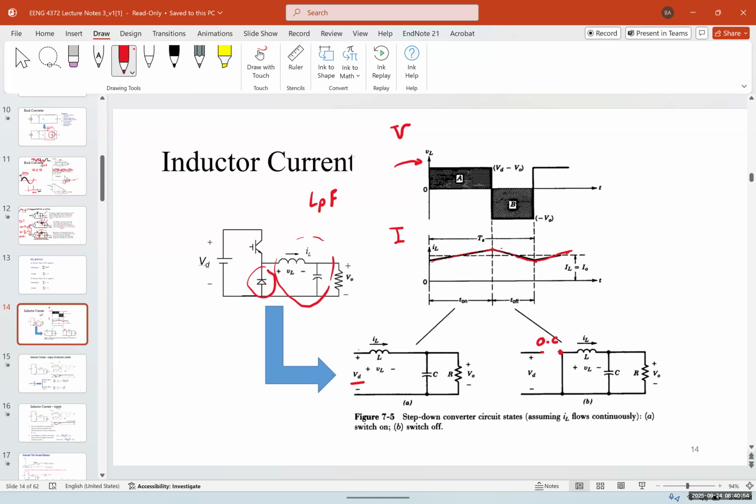As mentioned before, the average voltage would be somewhere around here, which is our V output. And the average current also is going to be higher than 0 and lower than the maximum current that we're going to have. And this is going to be I output, which is the average current as well.